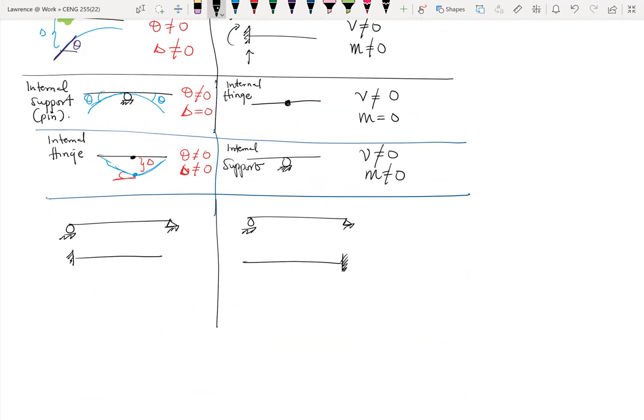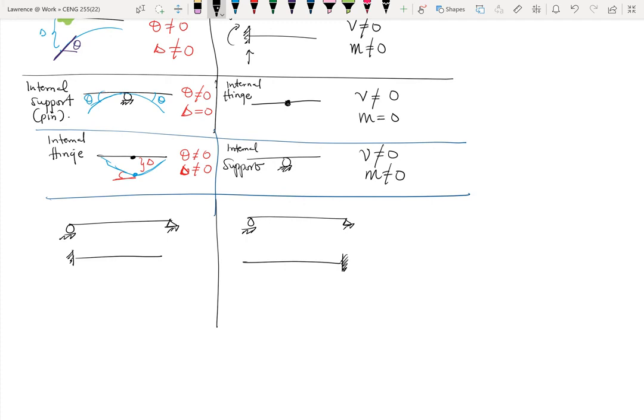Because if it's fixed in the real beam, it becomes a free end in the conjugate beam, and where it is a free end in the real beam, it becomes a fixed end in the conjugate beam.